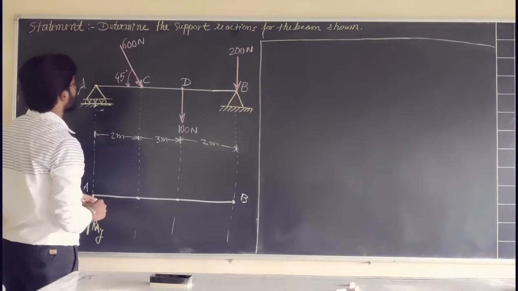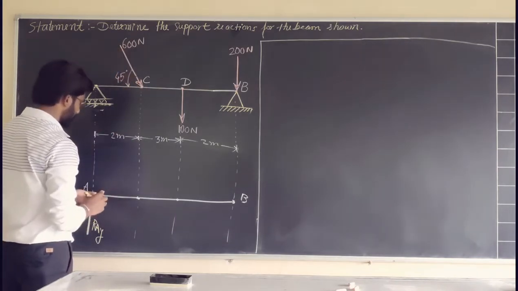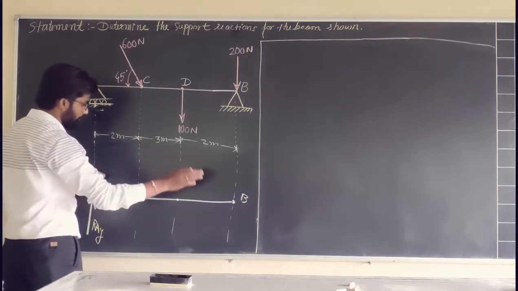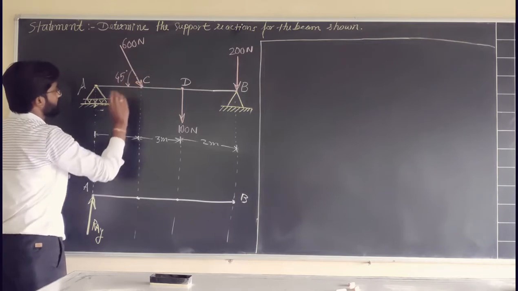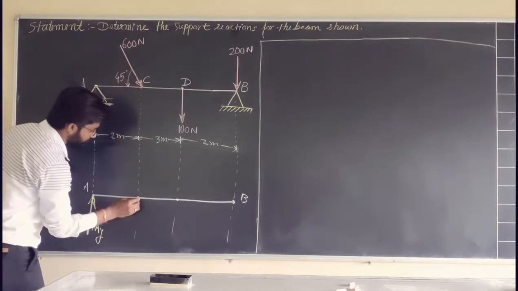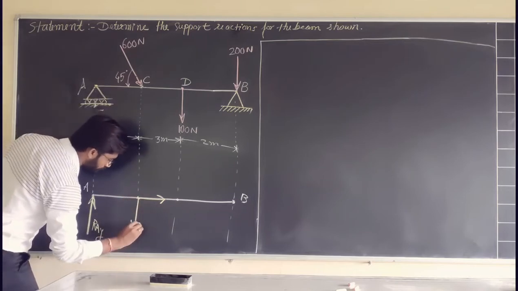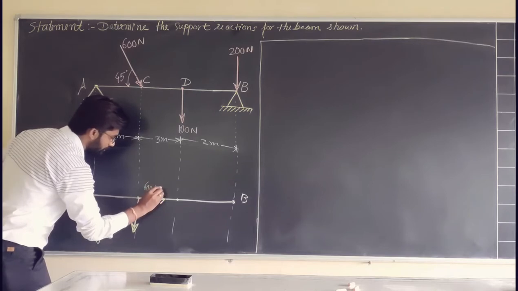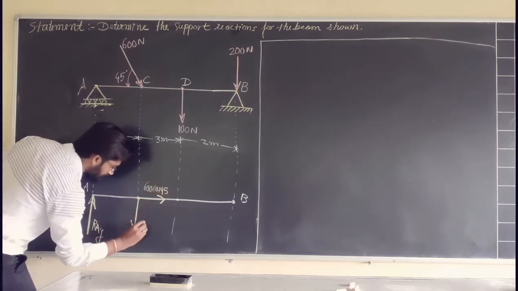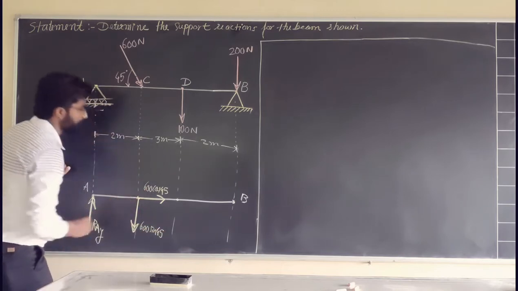Now we have this 600 Newton force acting inclined at point C. While drawing the FBD, inclined forces should be resolved into two directions. As it is a force moving in the fourth quadrant, these will be the resolving directions: 600 cos 45 and 600 sin 45.